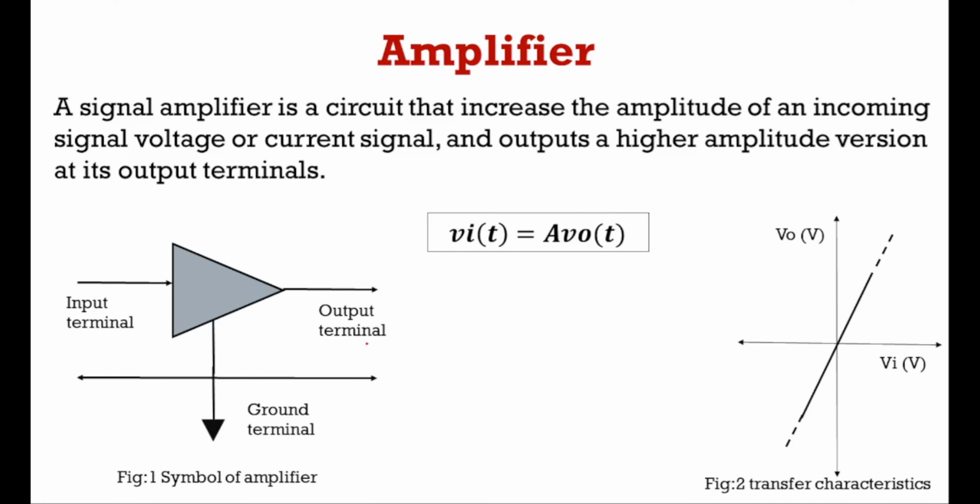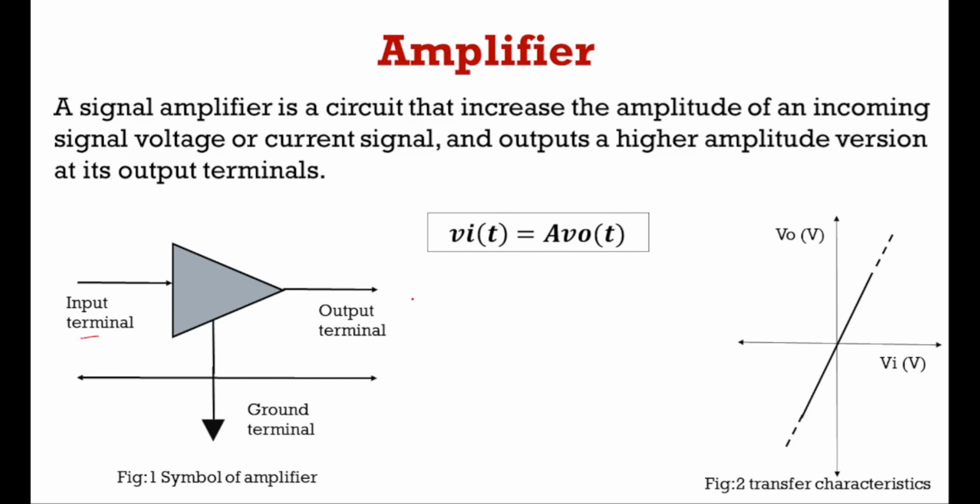A signal amplifier is represented by the symbol shown in figure 1. Here, this is the input terminal where we apply the input signal which is to be amplified, this is the output terminal that provides the output, and this is the ground terminal for the stabilization of the circuit.